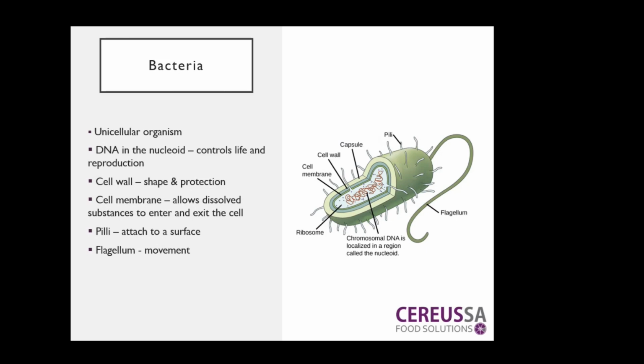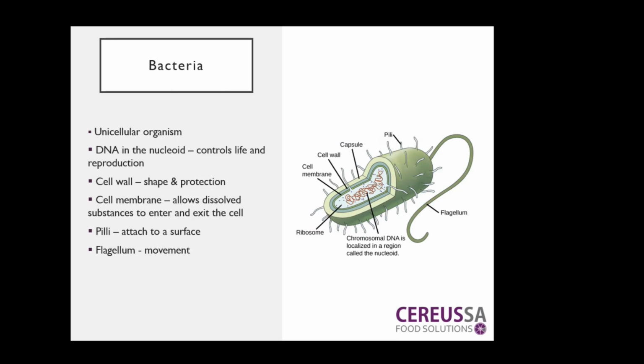The bacterial cell also has a thick cell wall. The cell wall is there to give the bacterial cell its shape and to provide protection. The cell membrane is a thinner layer that is found on the inside of the cell wall, and this allows dissolved substances to enter and exit the cell.